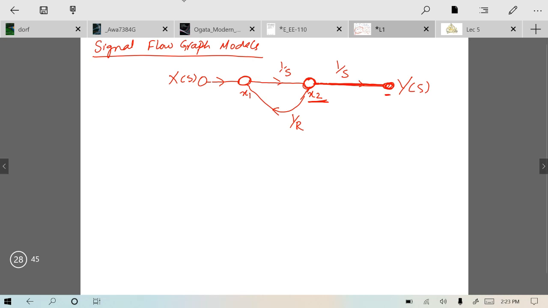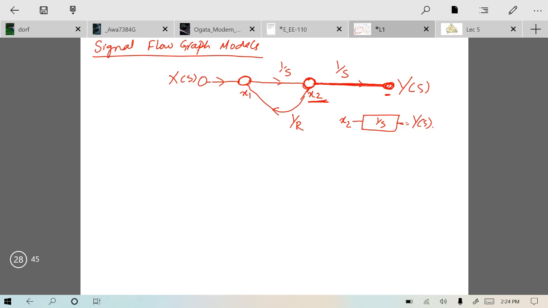If I want to draw this one branch as a block diagram, I would draw it like this: x2, 1 over s, y of s. So whatever we previously wrote in a block diagram model, we write as a branch variable; the branch relates the dependency of the input and output variables.